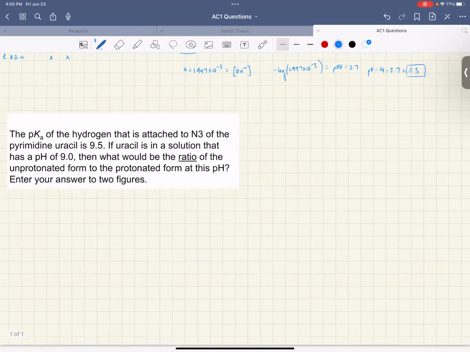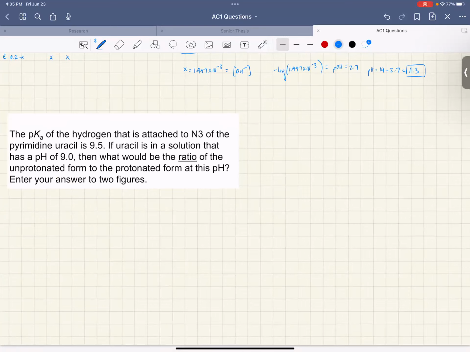To do this question, we'll need to use the Henderson-Hasselbalch equation. I would say generally, every time you're going to see something like this where you want to find the ratio of unprotonated to protonated, the easiest way to do that is with the Henderson-Hasselbalch equation.